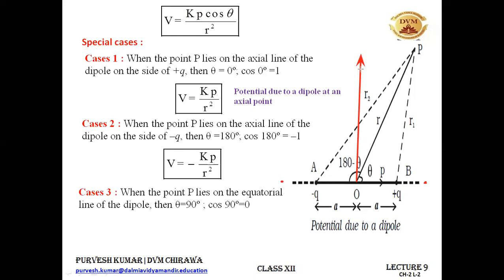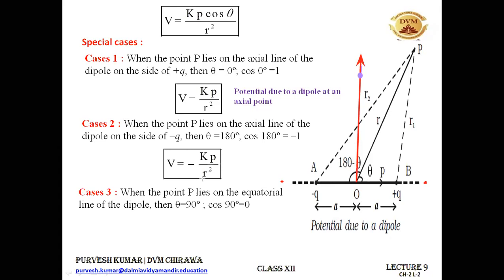You can see I have marked it. So this is my point P, somewhere over here in the blue color. Now the angle between the electric dipole moment and the position vector for this point P is 90 degree. Theta becomes 90 degree.